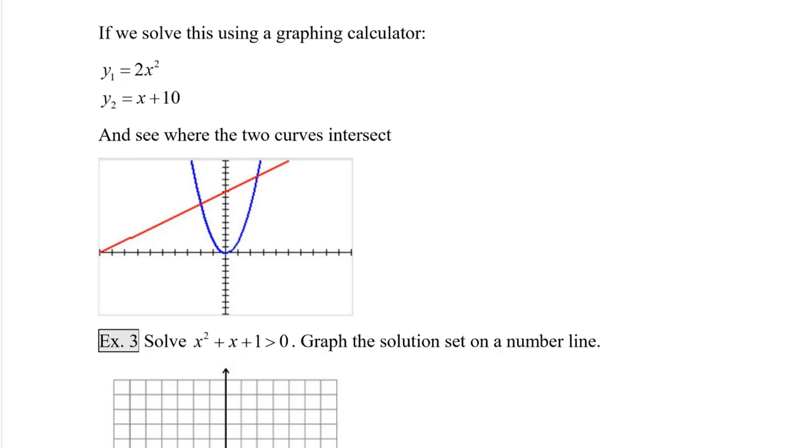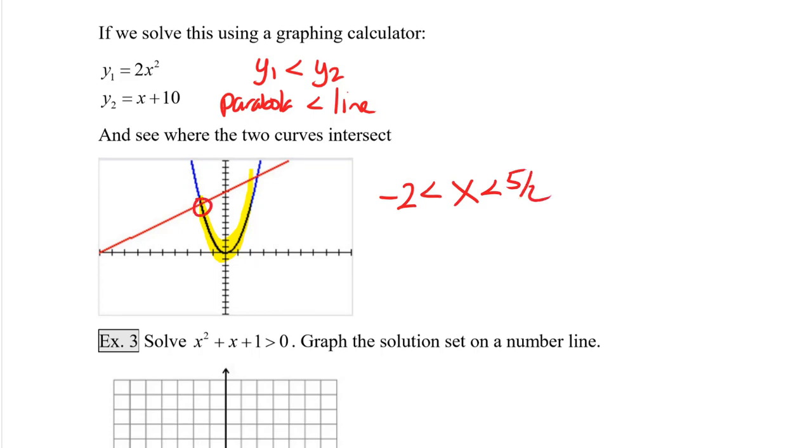Basically, we're looking for when is y1 less than y2, or when is the parabola less than the line. Well, we can see that in this region right here, the parabola is graphed below the line, which means that our solution has to be between -2 and 5/2, which is the x-coordinates of those 2 points of intersection.